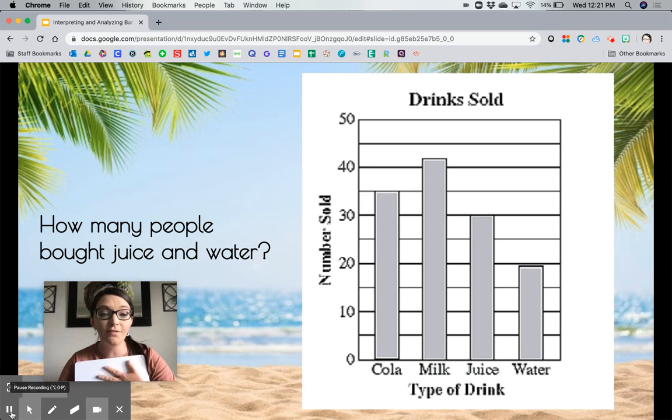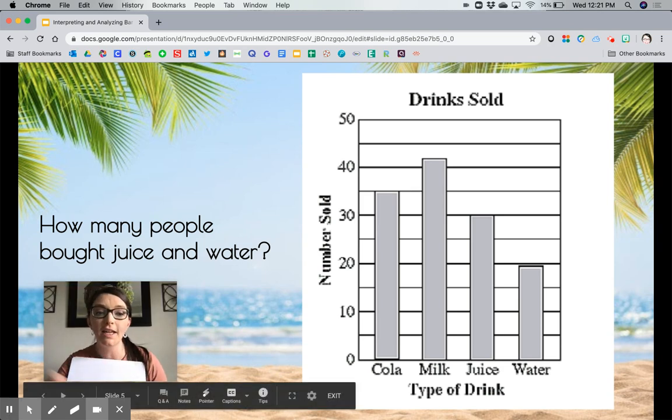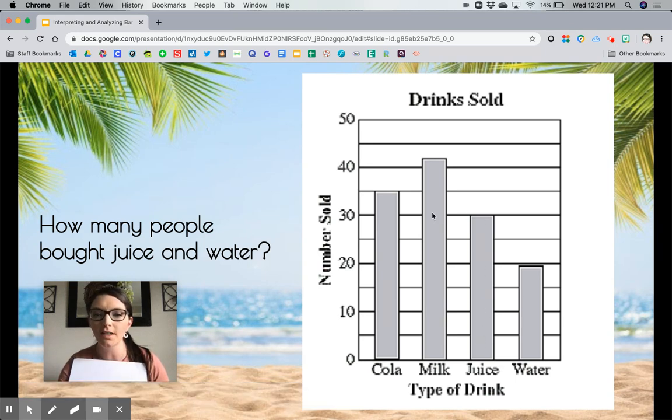I'm going to figure out how I can solve this. First of all, I have to look at my graph. If I look at my juice category, it looks like they sold 30 drinks that were juice. So I'm going to do 30. And water.